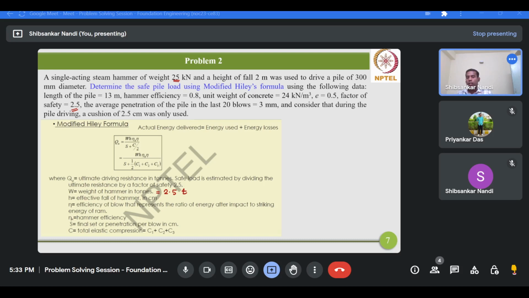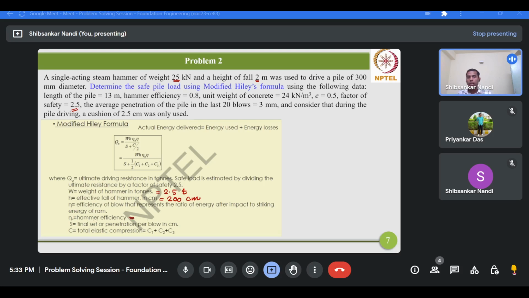Okay. Then H, this is the effective fall of hammer in centimeter. Now what is the effective fall of hammer? So the effective fall of hammer is given as 2 meter in this problem. So converting it to centimeter, it will be 200 centimeter. Okay. Now what is the hammer efficiency? Eta H is the hammer efficiency.